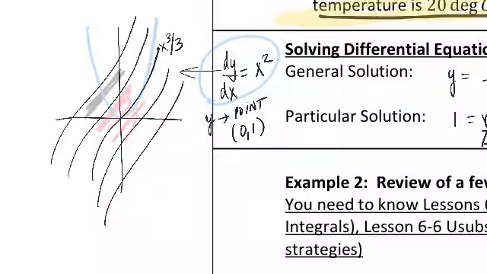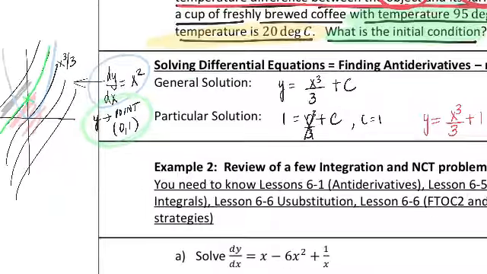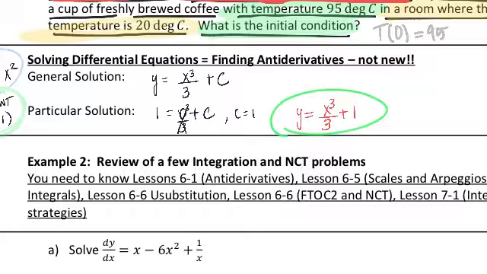All of these curves would have the same blue derivative, okay? But if I now specify that I want a curve that goes through this point, then I have said, okay, I want the curve that goes right through (0, 1), for example. And so then I'm pinning it down to this curve, and that would be then the particular solution that we found here. So that's the idea.